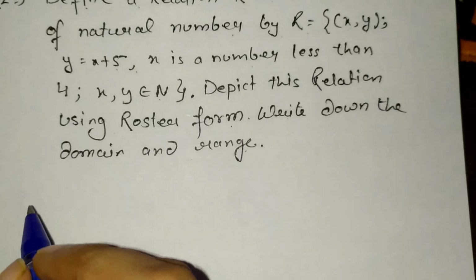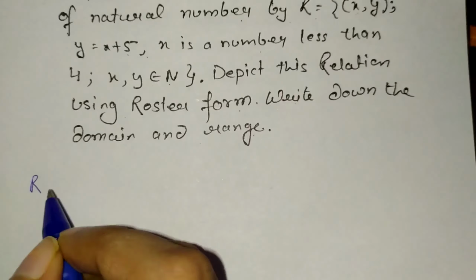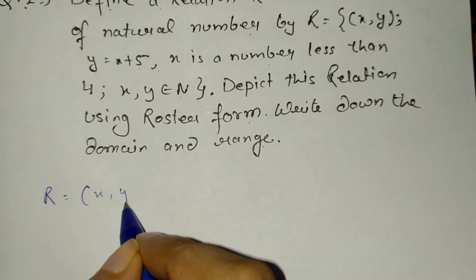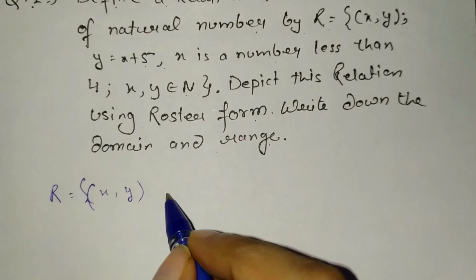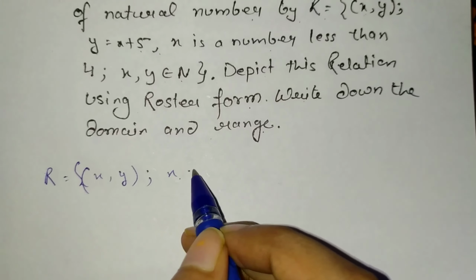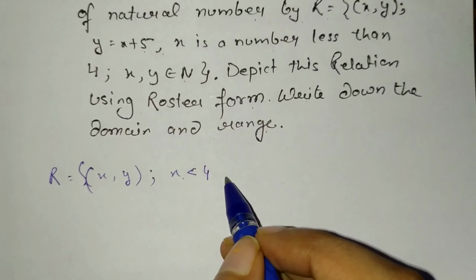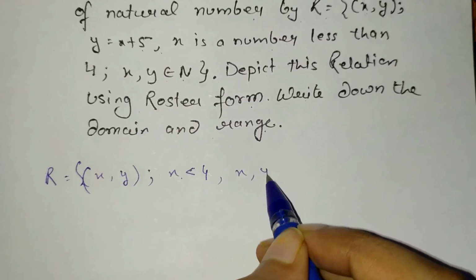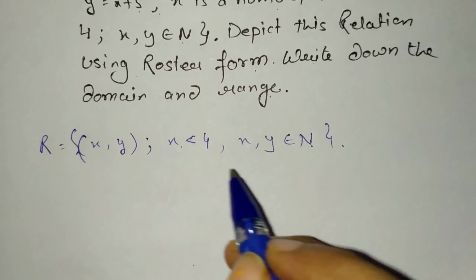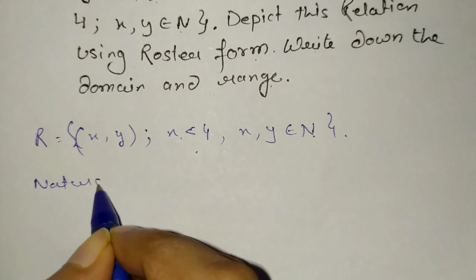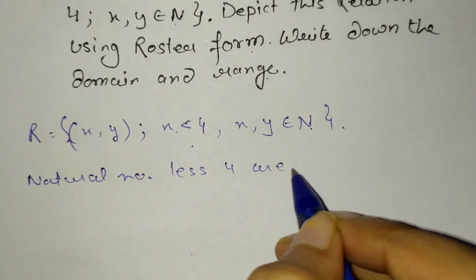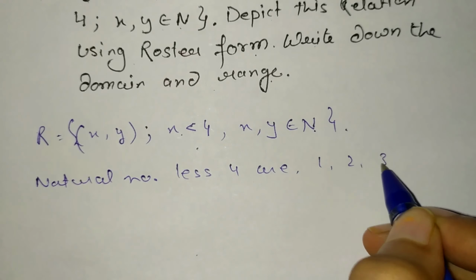So in this question we have relation R, where we have two values x and y, and x is the number or counting number less than 4, where x and y belong to set N. Now natural numbers less than 4 are 1, 2, 3.